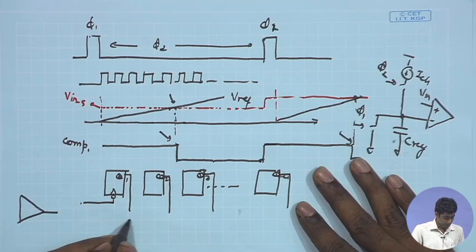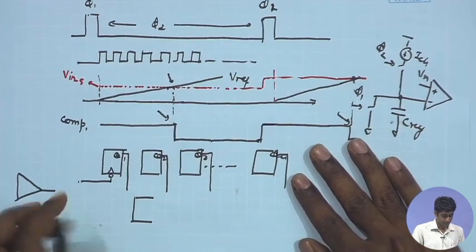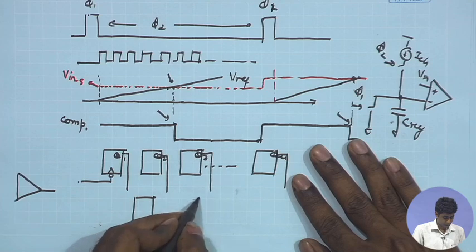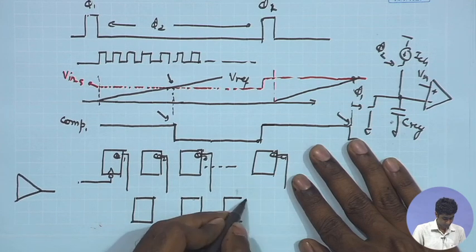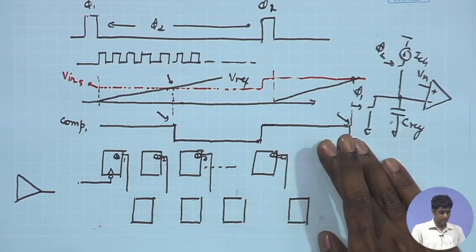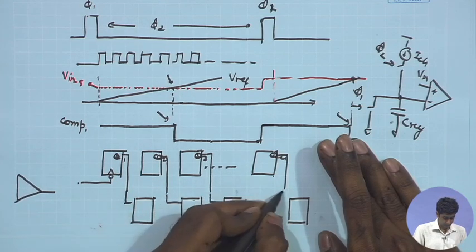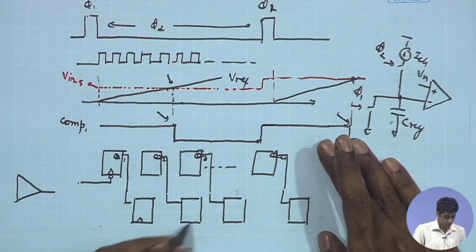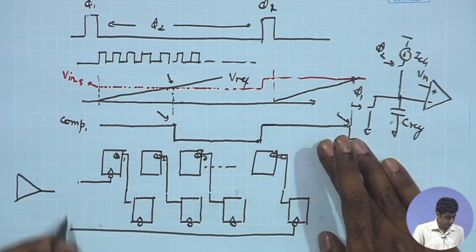I can have another set of flip flops which are taking these flip flop outputs, and their clocks are once again negative edge triggered, and their clock is coming from the comparator.